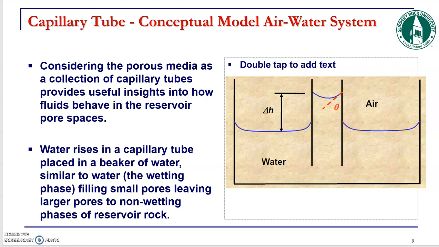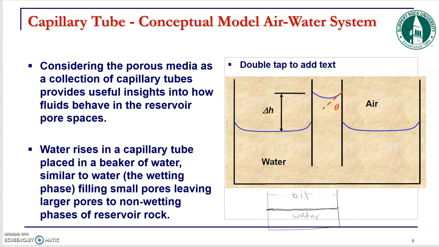So let's consider that you don't have any capillary tube and you just have a bucket, and then you pour water here, and then you have oil on the top. You remember we discussed this: the oil will go on the top, the water will be at the bottom. The boundary is pretty smooth and horizontal, and then there is no capillary pressure here, right?